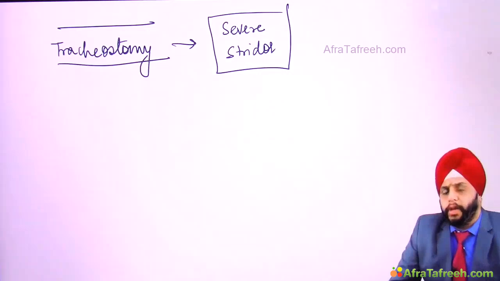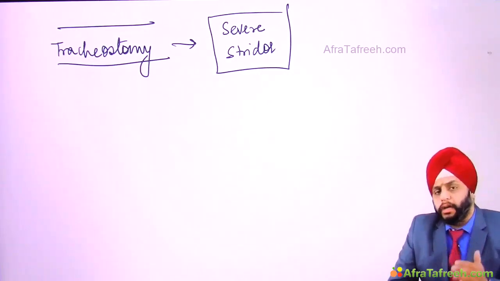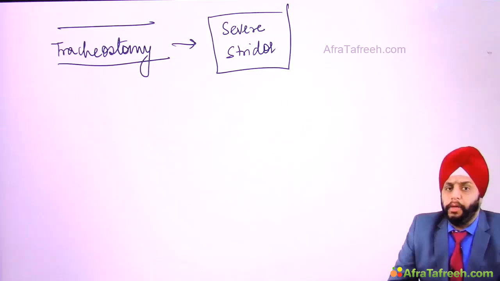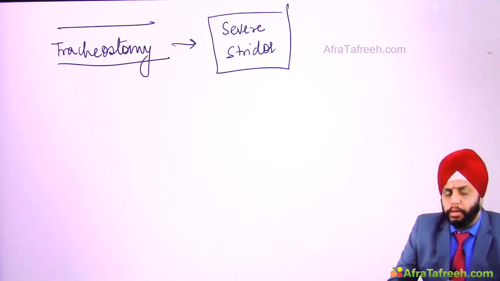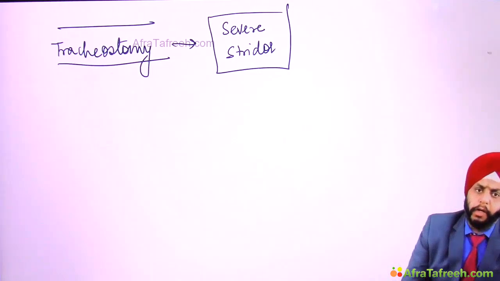Unlike laryngomalacia, remember laryngomalacia, the stridor was mild to moderate. Here the stridor is severe, so you have to do tracheostomy, otherwise the patient may go into respiratory collapse, complete respiratory obstruction.